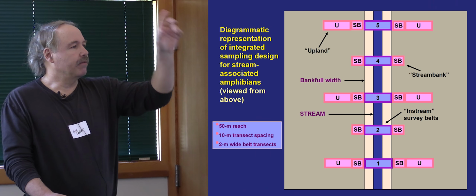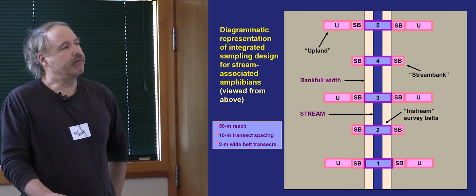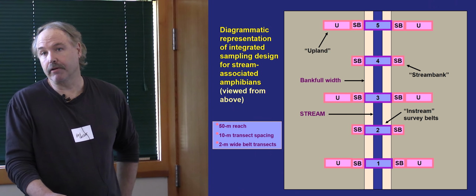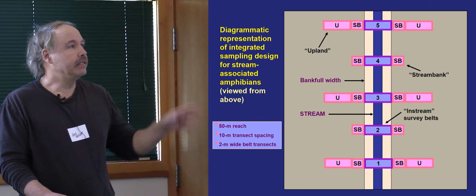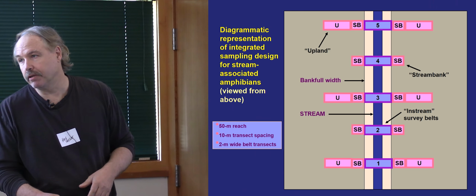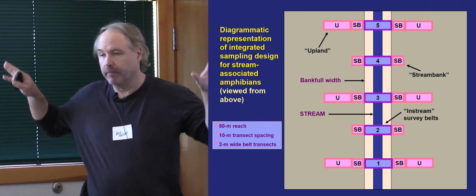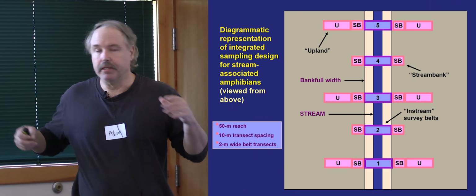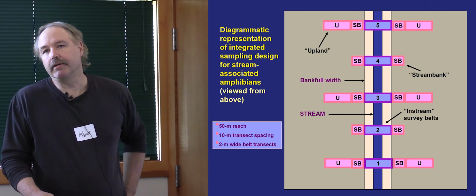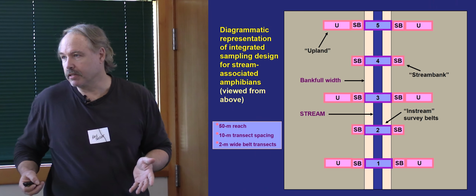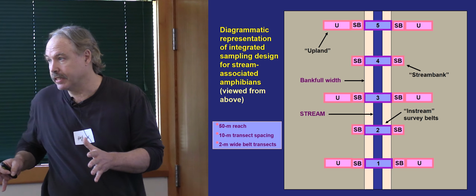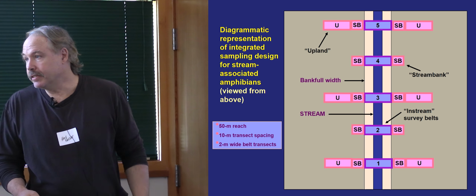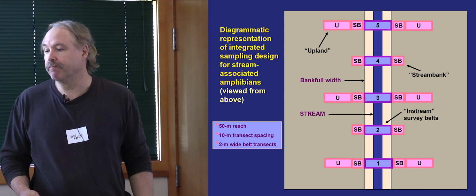So this is a 50 meter reach along the channel, with 5 perpendicular 2 meter wide transects. Each one of the transects is broken into 3 zones, looking at the bankfull width going up each of the stream banks and out into the riparian area about 20 meters. The surveyors will be turning over rocks, logs, wood, stuff like this, kind of a light touch technique, and taking weights and lengths on the amphibians.